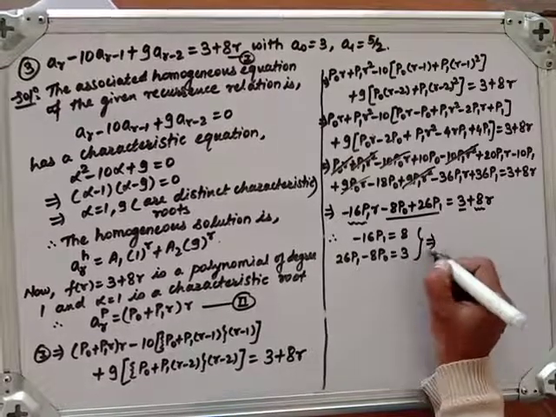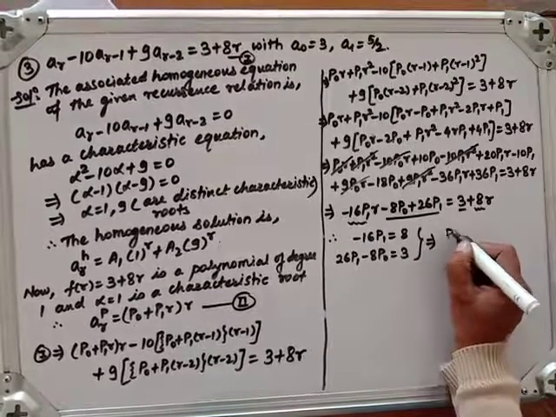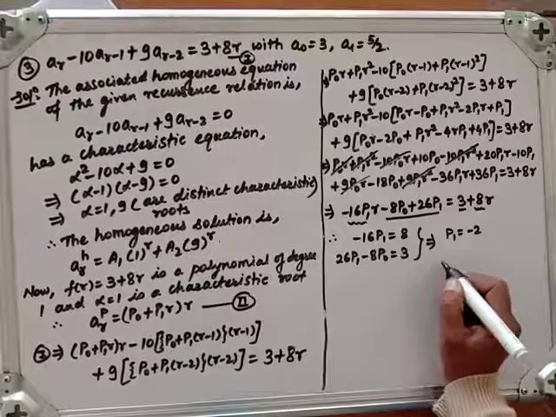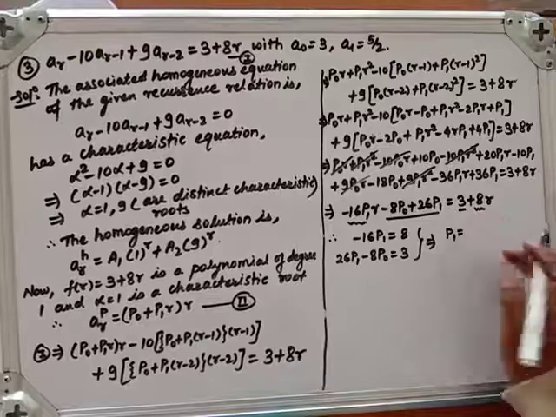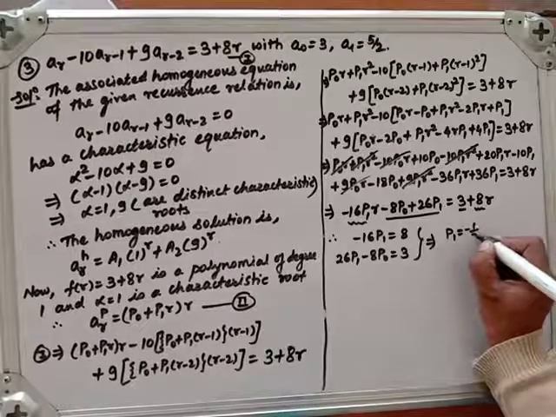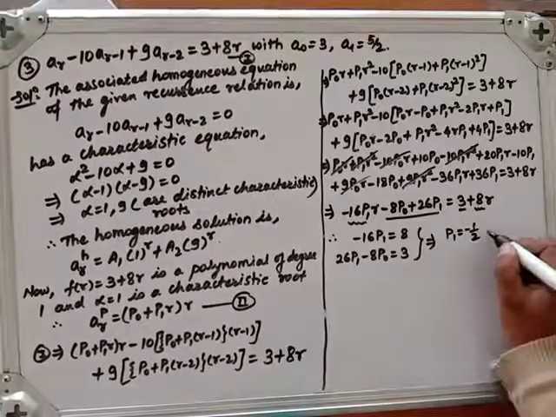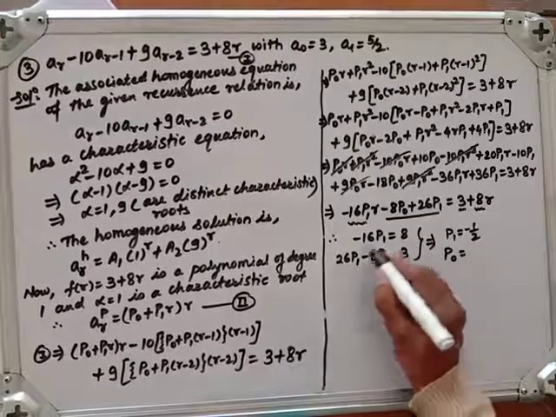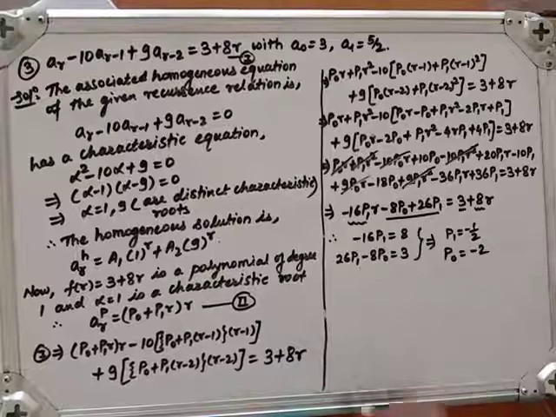Now from this we get P1 is equal to minus half, and P0, by solving this, will be minus 2.